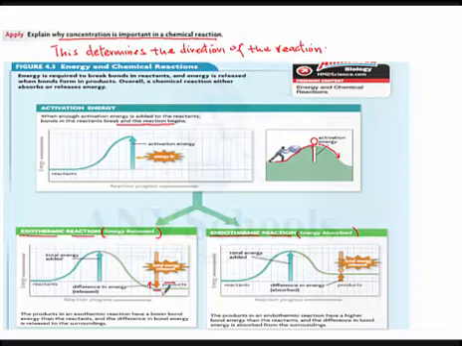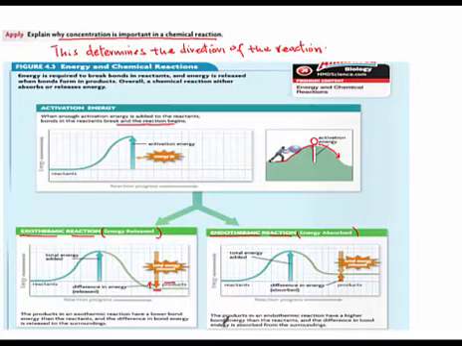If you look at an endothermic reaction, the products have higher bond energy than the reactants. Here are the reactants, and these ones here have higher bond energy.